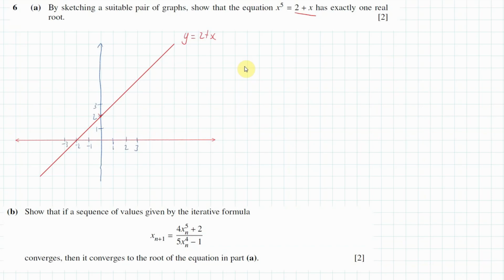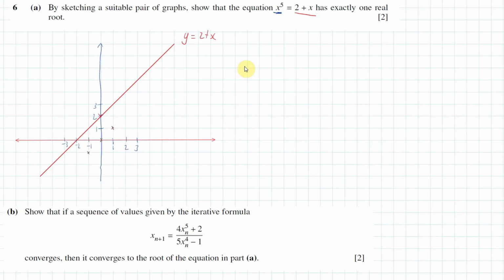Okay, now I'm going to look at this one here, x to the power of 5. So 1 to the power of 5 is 1, and 2 to the power of 5 is a very big number. What is it, 32? So it's way up there. 0 to the power of 5 is 0. Minus 1 to the power of 5 is minus 1.